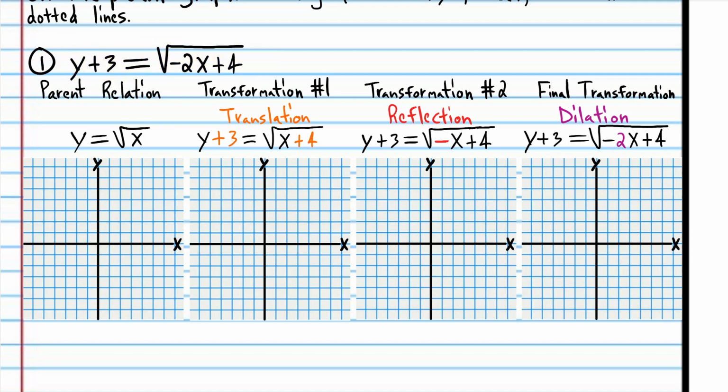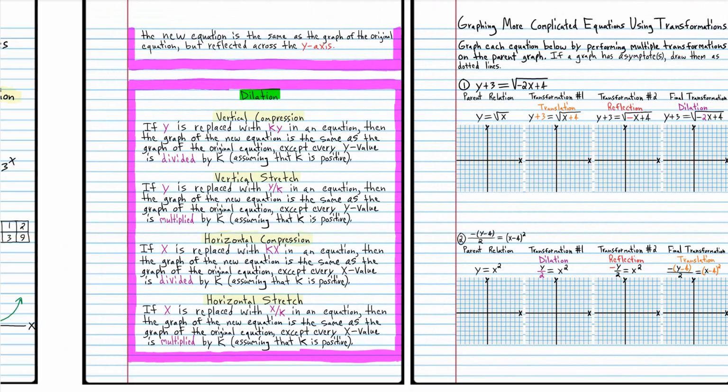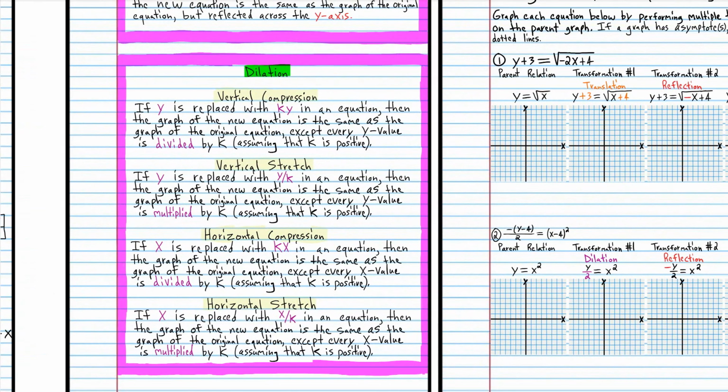Now, the big problem that students have is they transform in the wrong order. They might dilate first, then translate, then reflect. Or they might reflect first, then translate. Or they might translate first when they were supposed to dilate first, so on and so forth. It's very important that when you use transformations to graph a complicated equation, that you use the transformation properties properly.